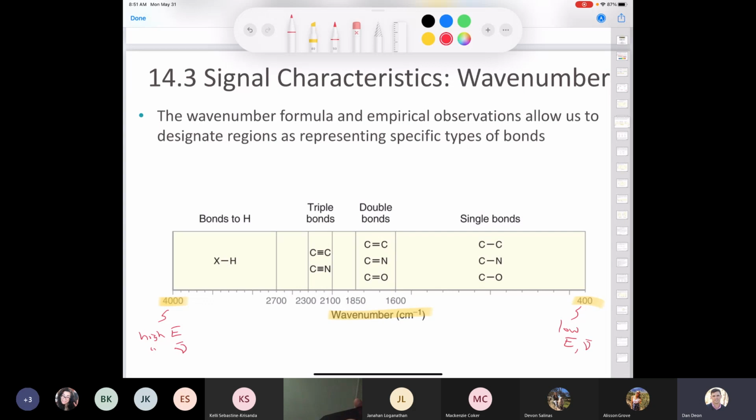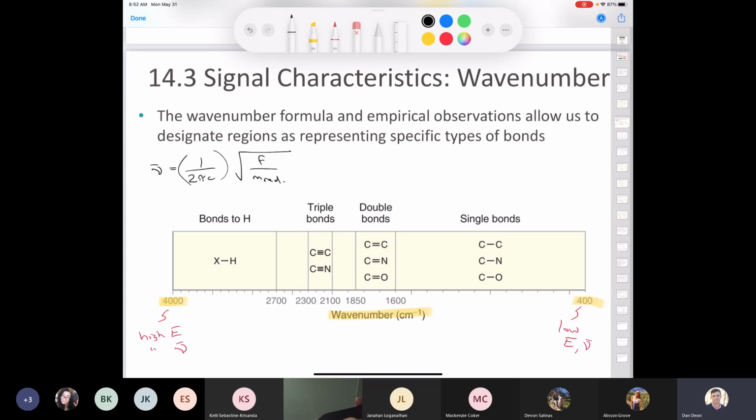And again, we said it's related to bond strength and the mass of the atoms in the bond. Why? Because we know that wave number is equal to 1 over 2 pi times the speed of light, multiplied by the square root of the force constant divided by the reduced mass.